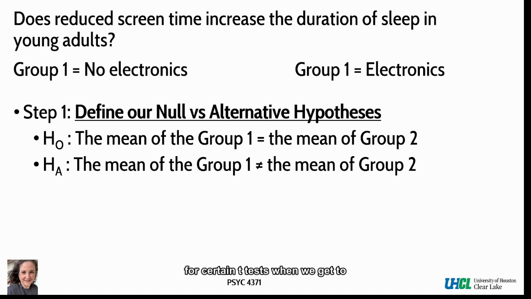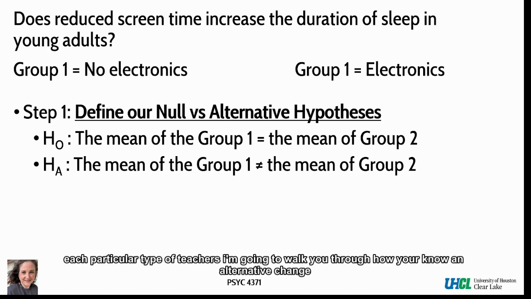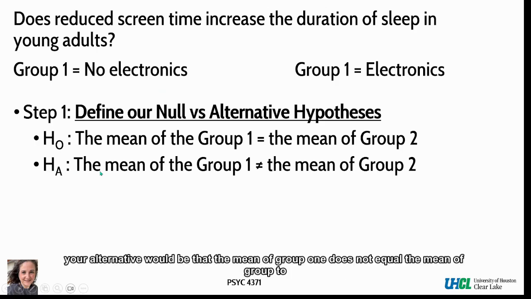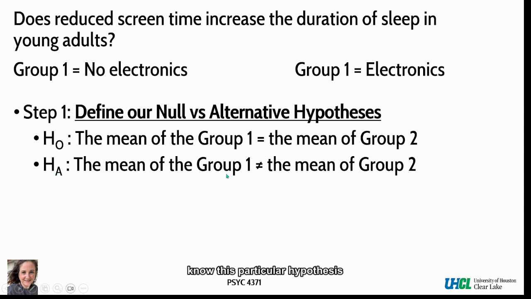When we get to each particular type of t-test, I'm going to walk you through how your null and alternative change. This is just a generic presentation of what happens in this particular research situation. Your alternative would be that the mean of group 1 does not equal the mean of group 2. Now, this particular hypothesis is not indicating a direction, so it would be two-tailed.